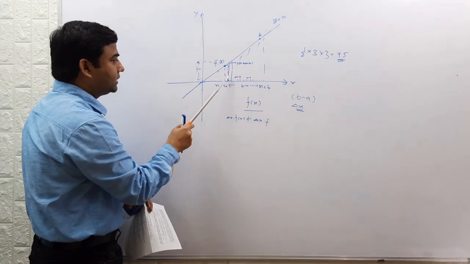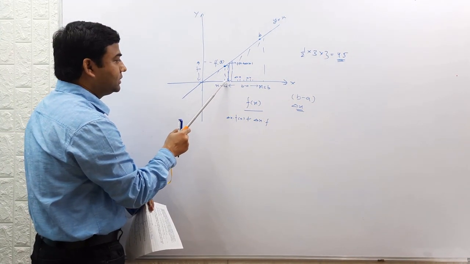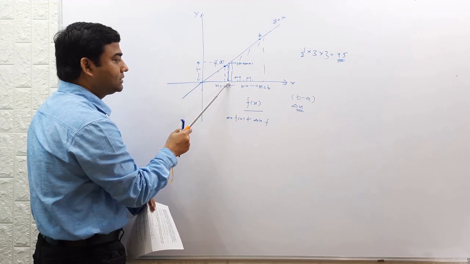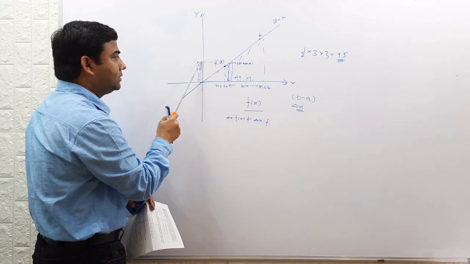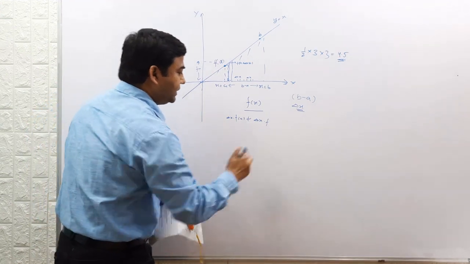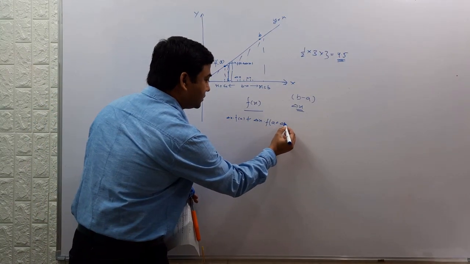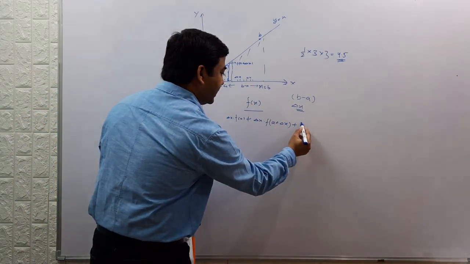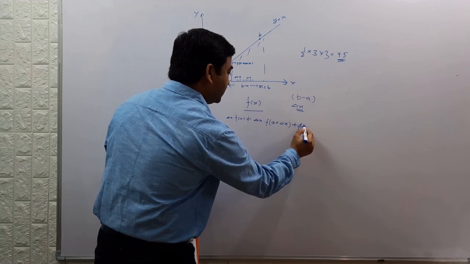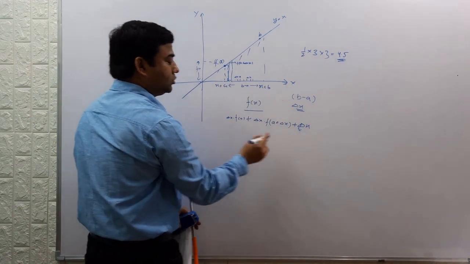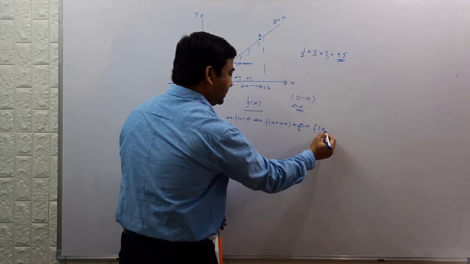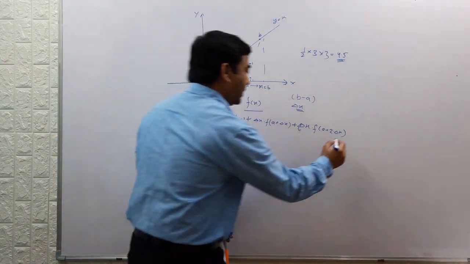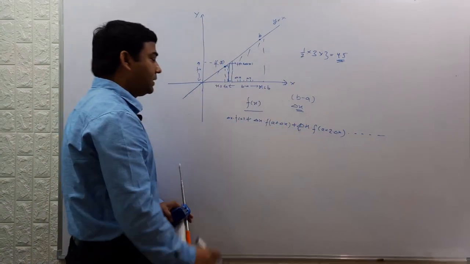So the coordinate of this point will be a plus delta x, and the y coordinate will be f(a plus delta x). Similarly, for the next rectangle we will have delta x, the same width, into f(a plus 2 delta x), and this series will go on.